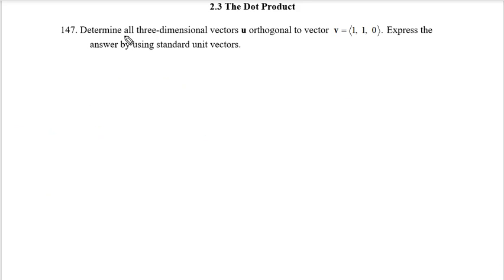We're trying to find all of the three-dimensional vectors that are orthogonal to this vector. What we'll do is we'll just dream us up a generic three-dimensional vector. So we'll start just by assuming that the vector we're looking for is going to be some components A, B, and C. Now we're told that that vector is orthogonal to this one.